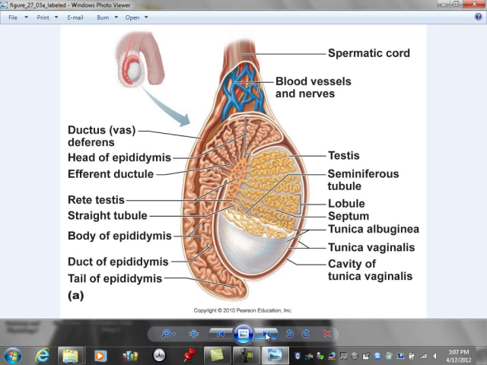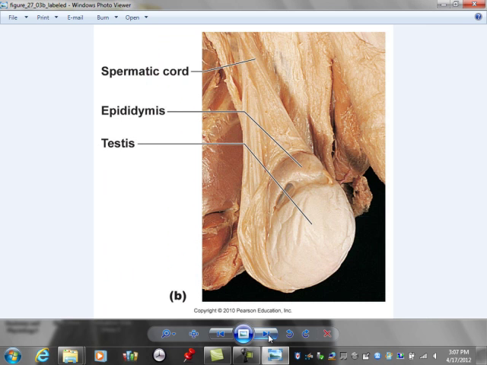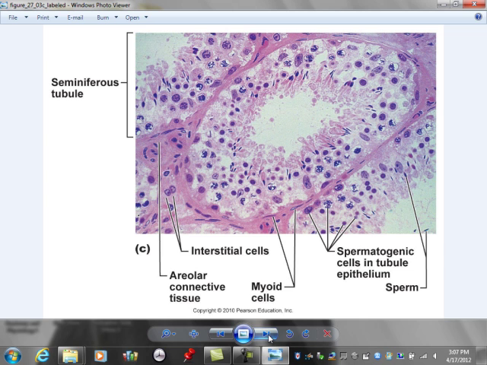So in the testes, we're going to find a series of tubes called seminiferous tubules where these cells are born. In the male's reproductive system, the most ideal temperature for the birth and maturation of these cells is actually lower than body temperature. And that's why the scrotal sac that contains these structures is outside the male's body cavity.